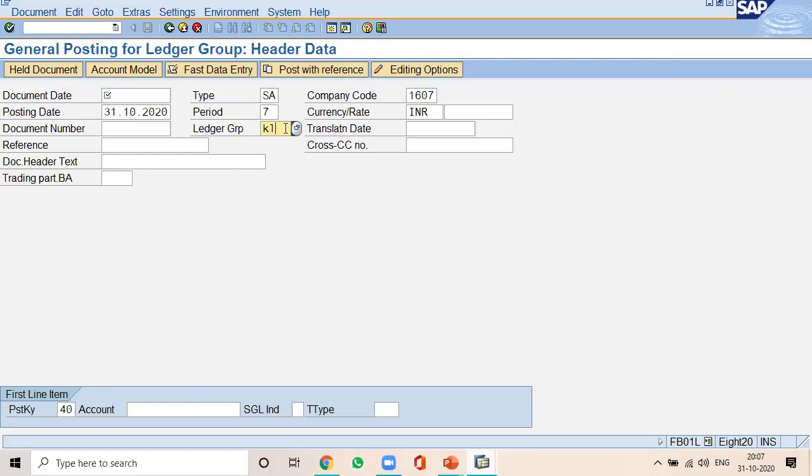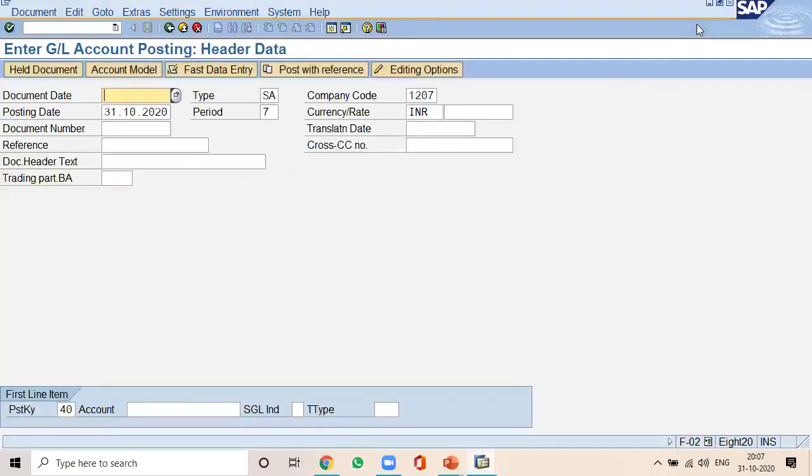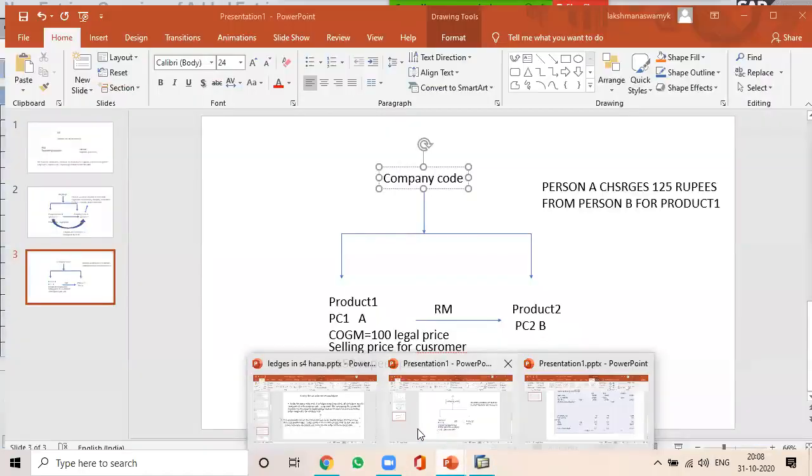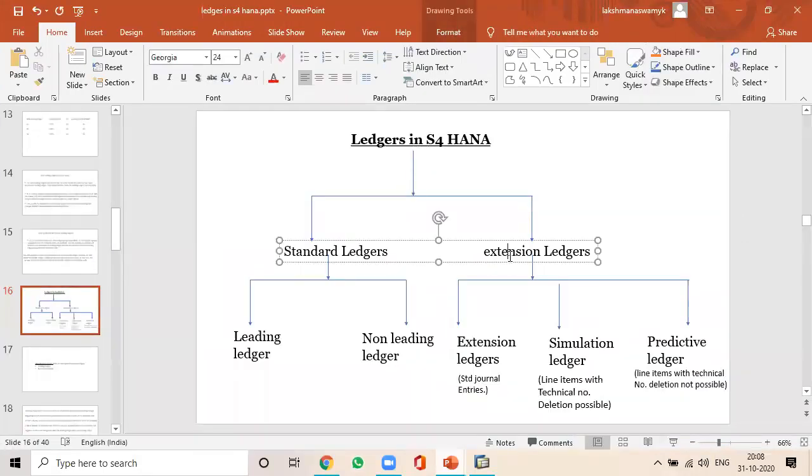This is the concept of ledgers in ECC. Now, what are the additional ledgers and ledger types available in S/4HANA? Ledgers in S/4HANA: we have the standard ledgers and extension ledgers.